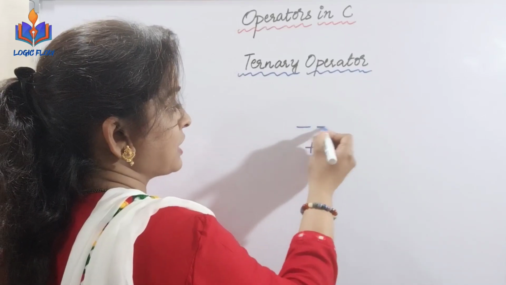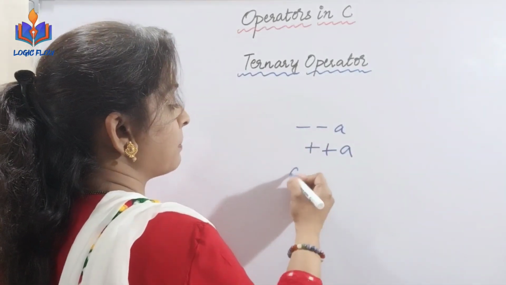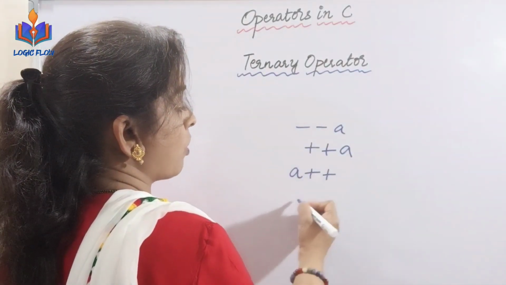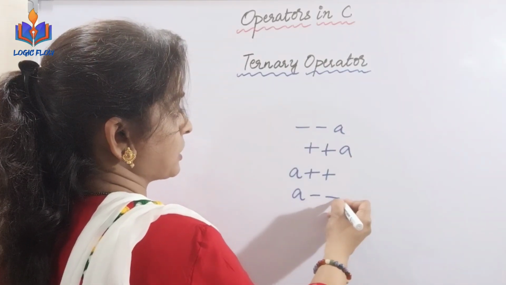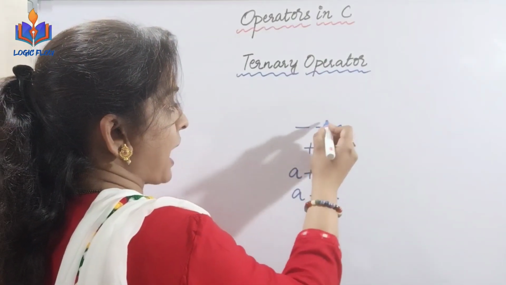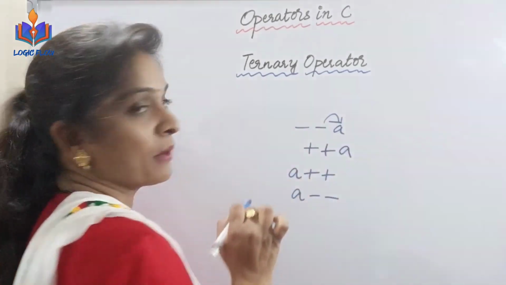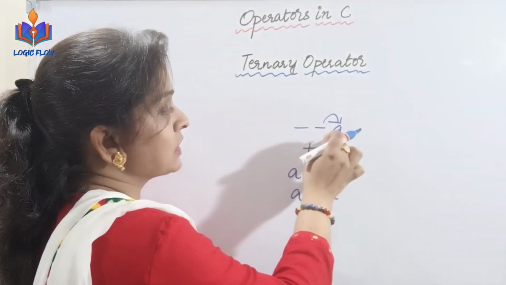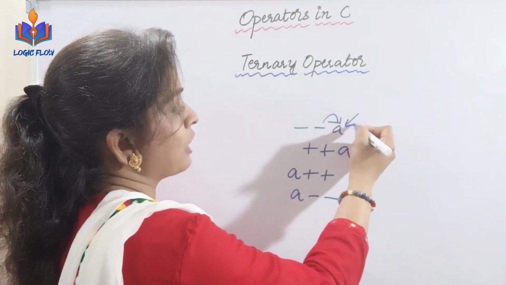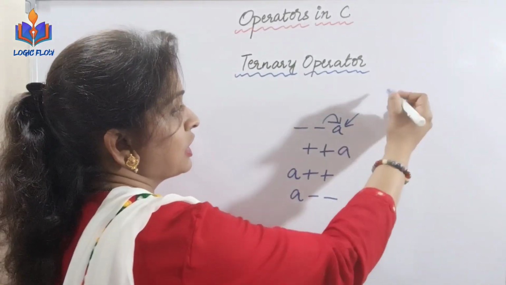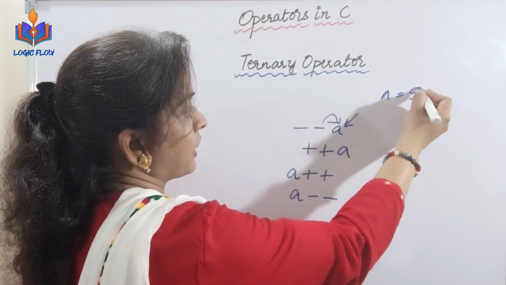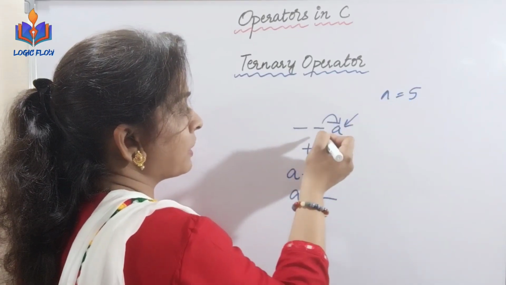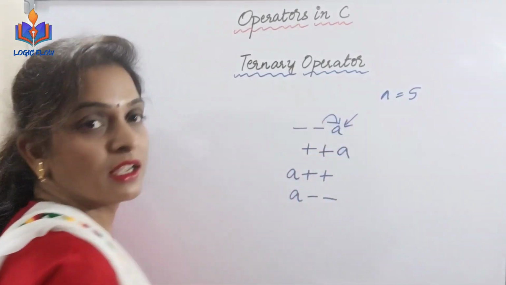In the same way we say --a, or a++, or a--. It is acting on one single operand, and we provide the value for this operand, say a equal to 5. So this value will be incremented or decremented.